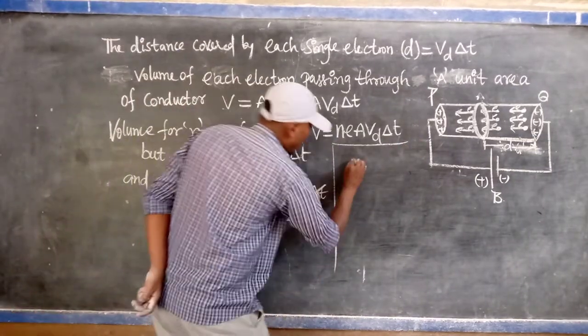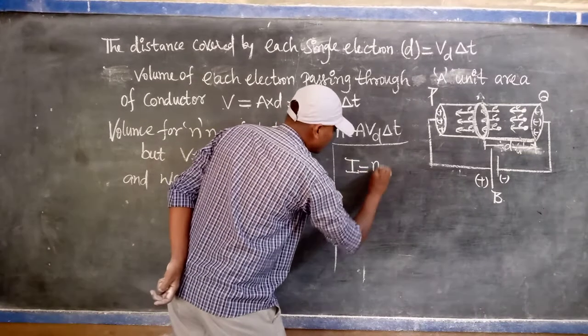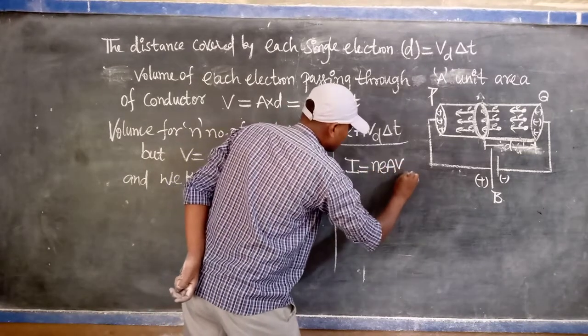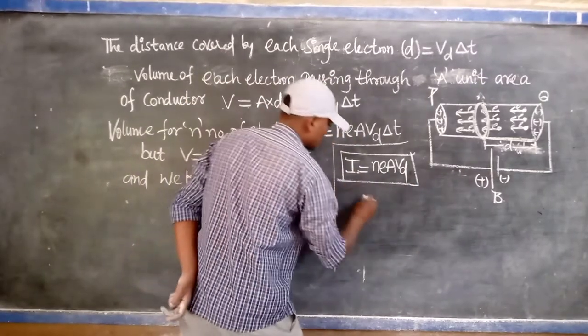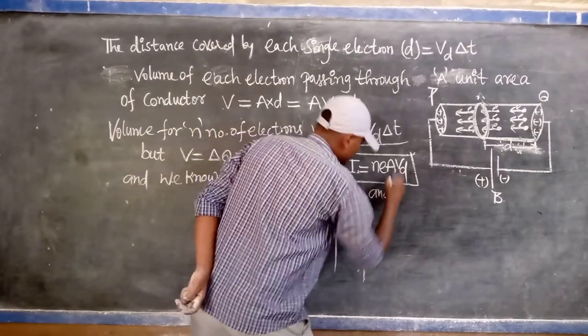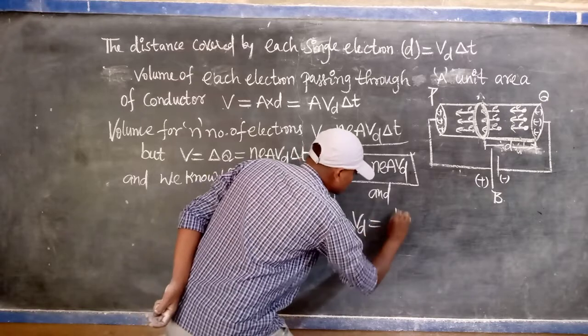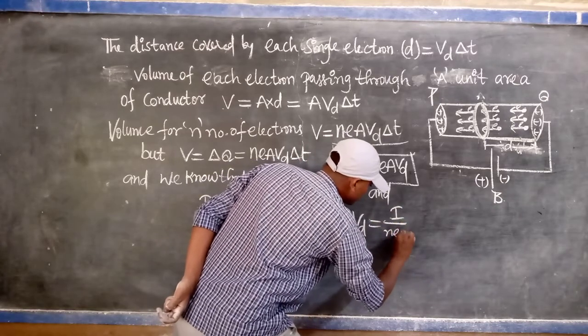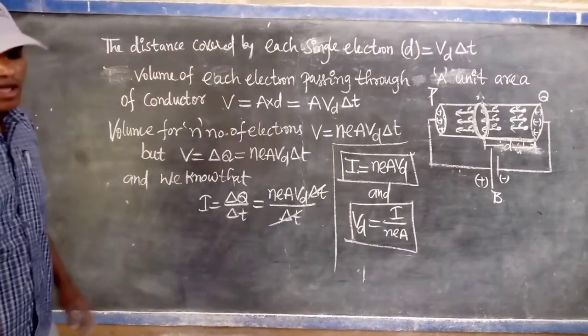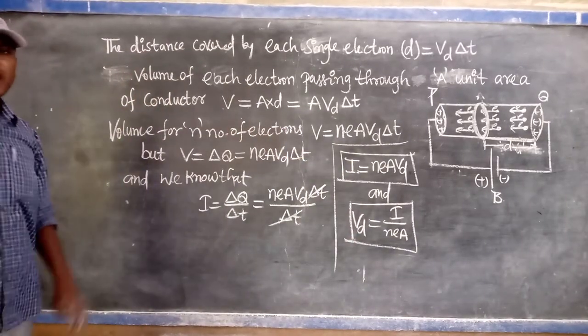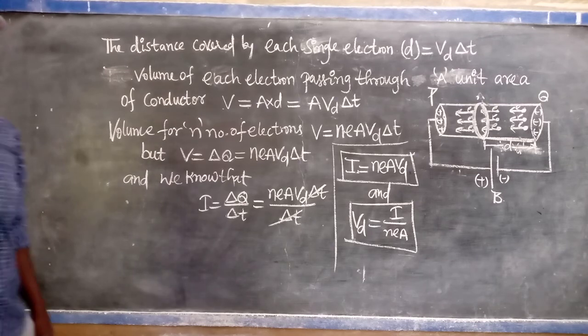So that's why I is equal to nEA Vd, and Vd is equal to I upon nEA. So this is the formula to find the relation between drift velocity and current.